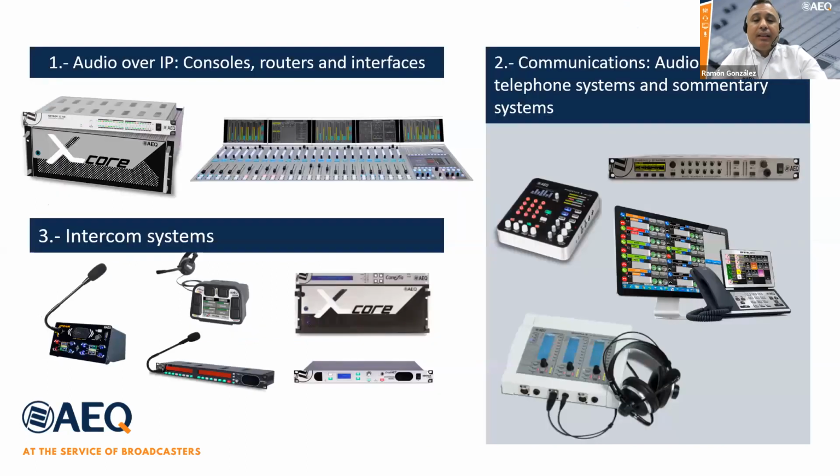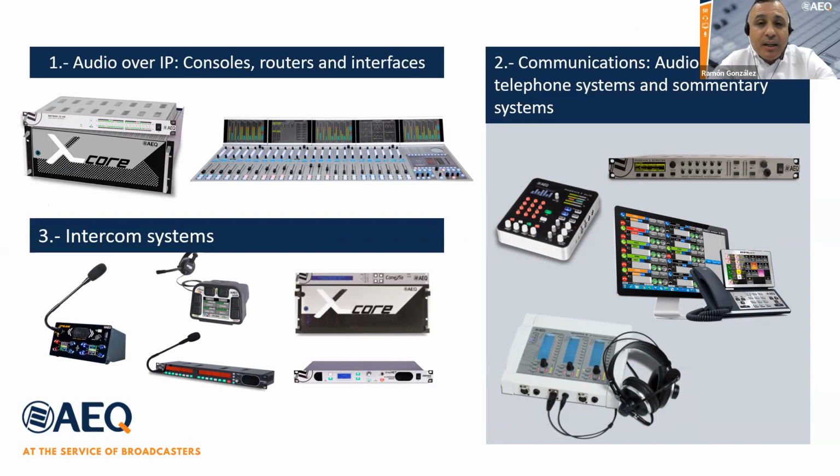Having said this, at AEQ, we approach our product portfolio in 5 families. Number one is the audio over IP solutions, which refer to broadcast consoles, audio routers, and interfaces. Number two, the communication family, is related to audio codecs, telephone, and commentary systems.